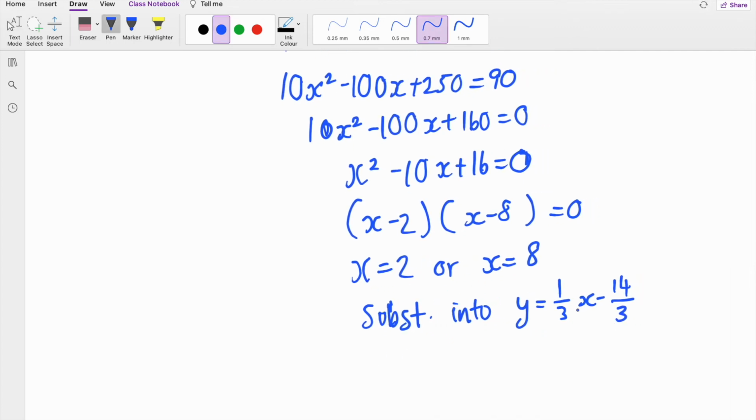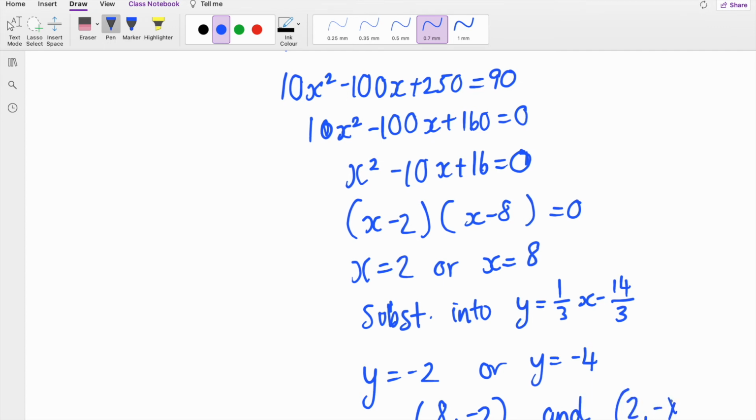If you substitute x equals 2 into this, and x equals 8 into this, you get y equals negative 4 or y equals negative 2. So the points of intersection are (8, −2) and (2, −4).